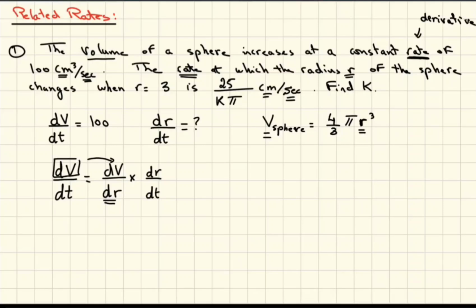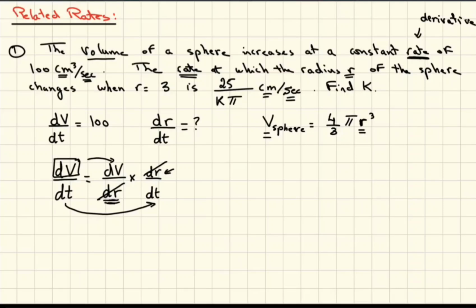If you forget this in the exam, always start with the same numerator, dV, and then you check volume is related to r, so it's over dr. If you write dr down, you should write dr on top, and the last denominator will be the same as dt. Why is that? Because by cancelling dr and dr, we go back to dV over dt, and always check your answer in the exam this way, to see if you wrote it correctly or not.